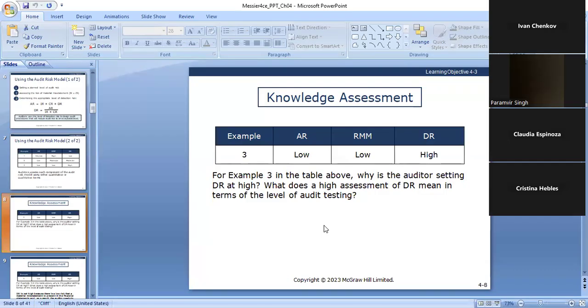When the risk is high, that means there are no procedures in place. But when the risk is low, the company applies all the internal control policies, and the chance of finding a mistake is very, very low.